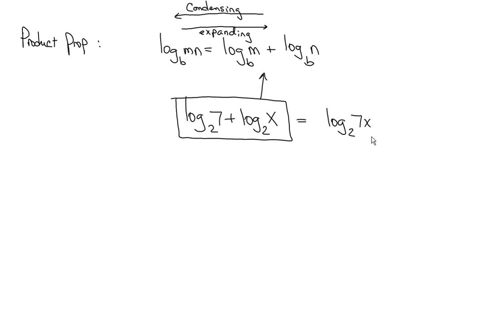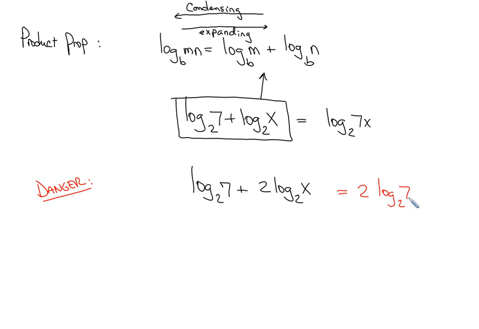Does that make sense? Now, here's where people have a tendency to mess things up. What happens if you have this? So this is actually one of those danger ones. Well, what a lot of people do is they make this into 2 log base 2 of 7x.